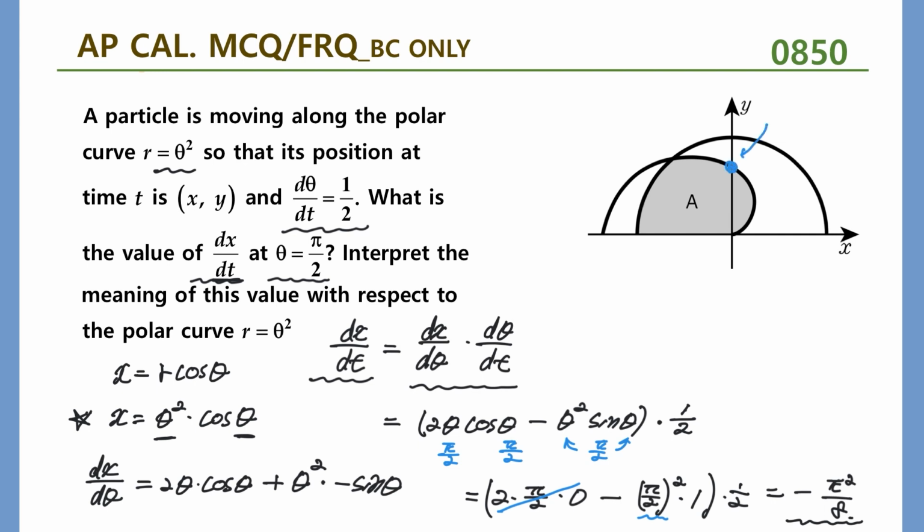Its rate, the rate of x with respect to time t, is negative, so it's decreasing. It means our x value is decreasing at a rate of pi squared over 8 at this point, at this angle right here. Does that make sense?